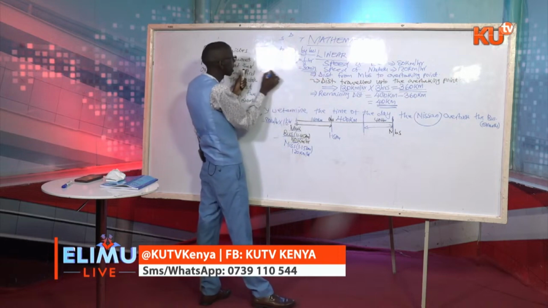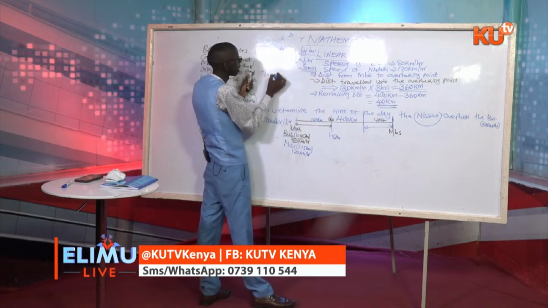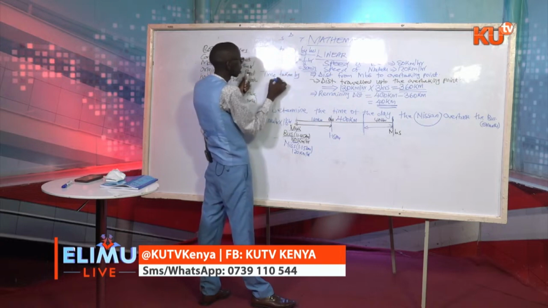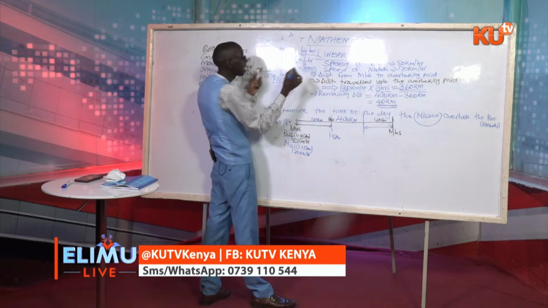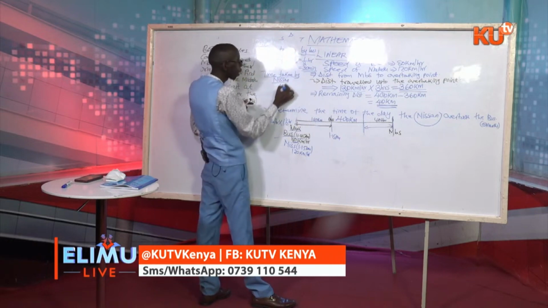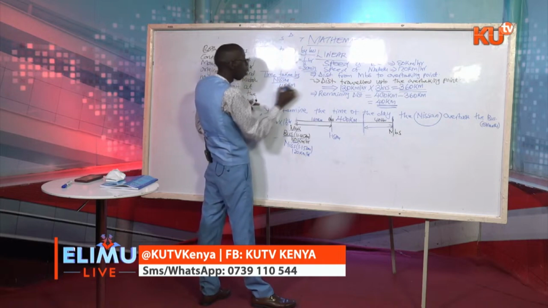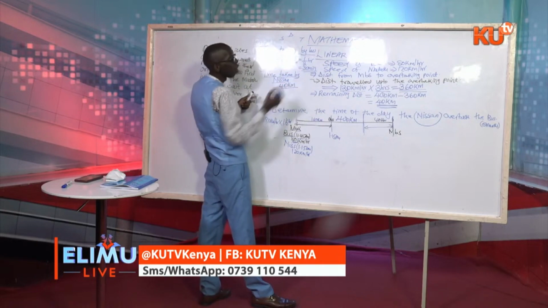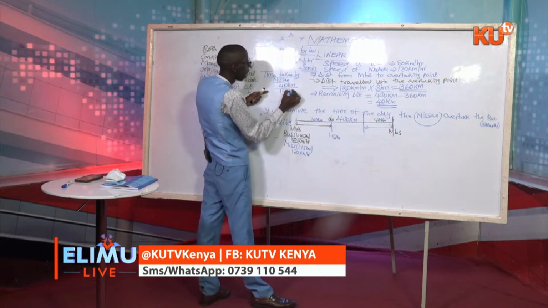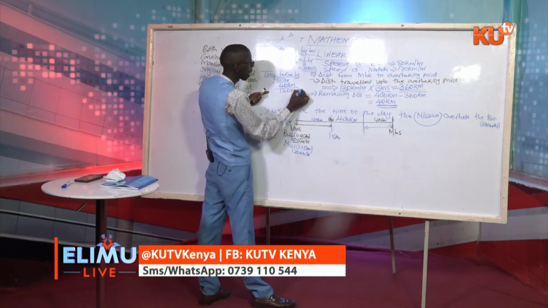What about the time taken by the Nissan? Time taken by the Nissan, again, is the distance remaining after the Nissan overtook the bus, 40 kilometers, over the speed of the Nissan, which was 120 kilometers per hour.